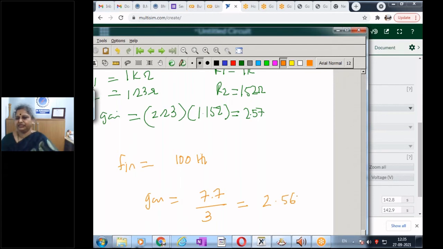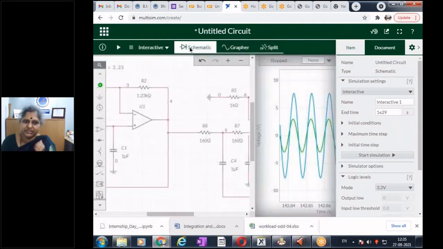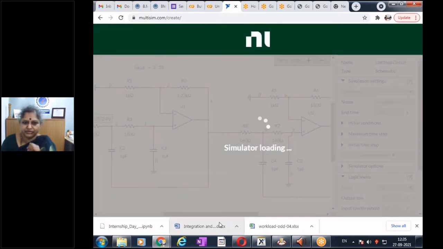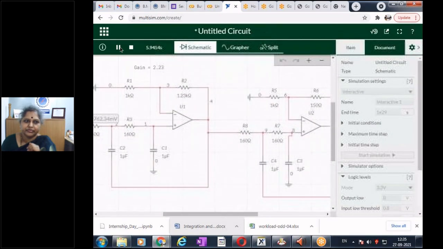2.56, so Kavya has given. This tallies with our theoretical expectation of 2.57. So in the passband, our filter is working as expected. Let us just change the frequency and see what happens at the cutoff frequency. No, sorry, I should not have done it.